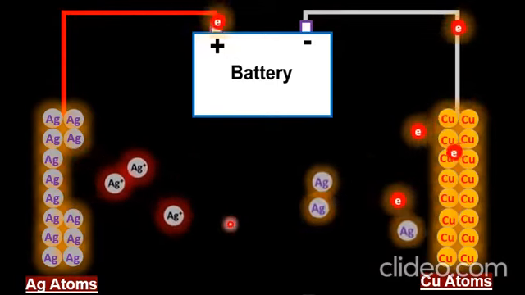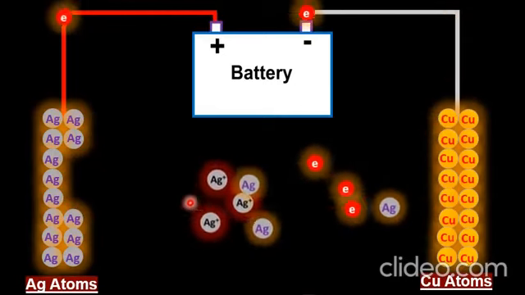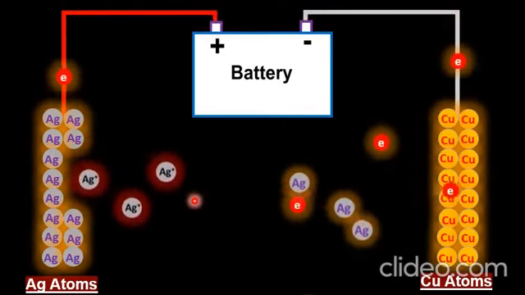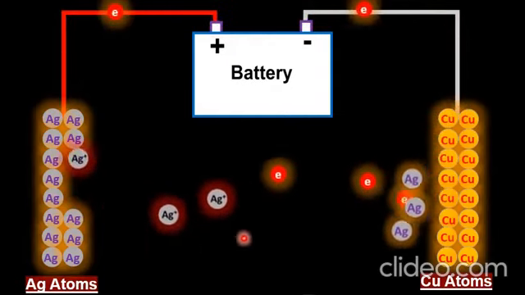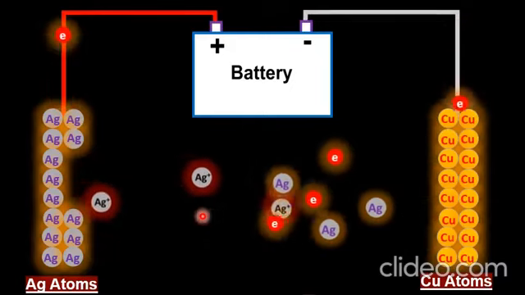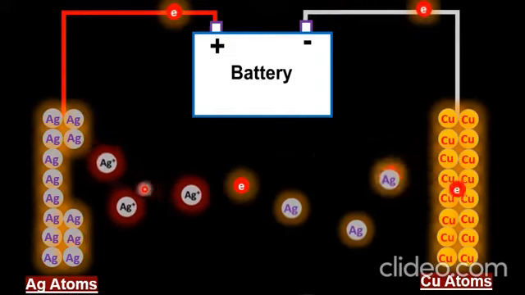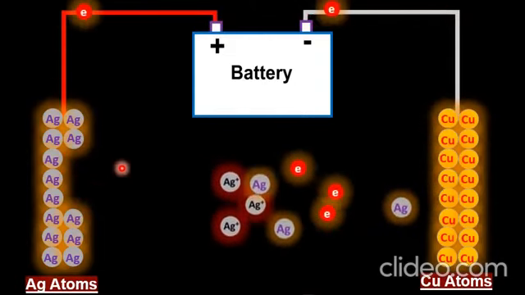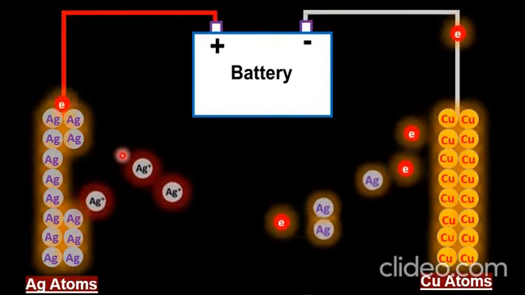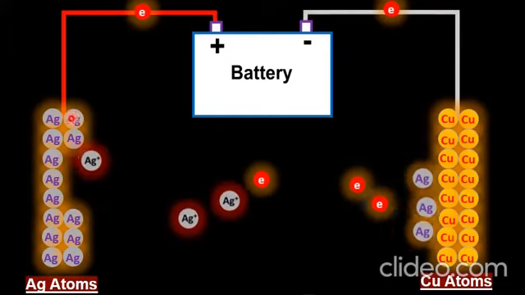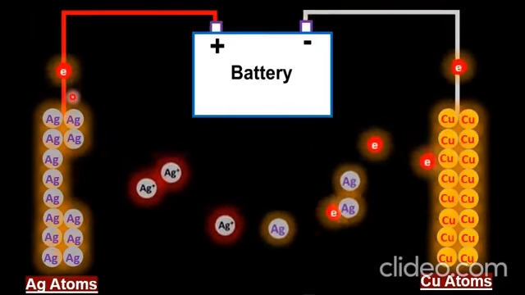Now, dear student, let us explain the electroplating process using a chemical equation. As you know, in the electroplating process two types of chemical reactions take place. One type of chemical reaction is known as an oxidation reaction. Oxidation is a reaction in which an electron is lost by an atom during a chemical reaction.